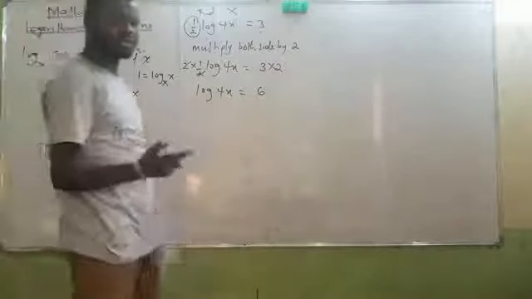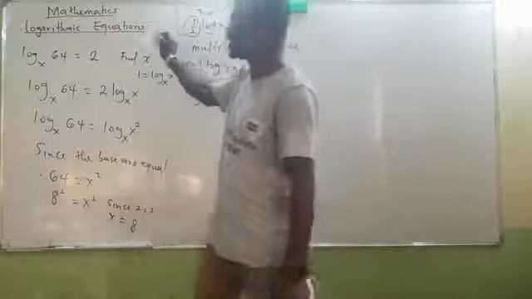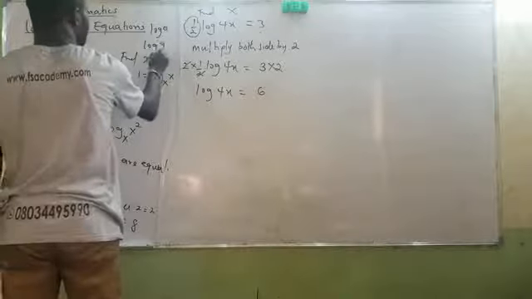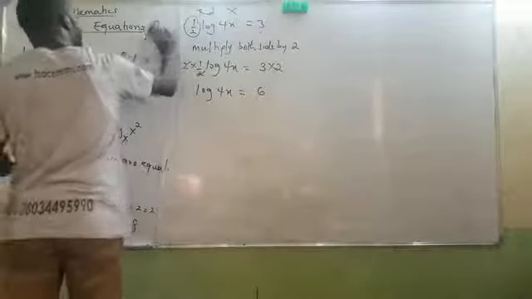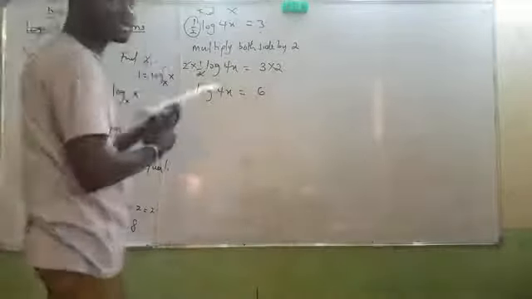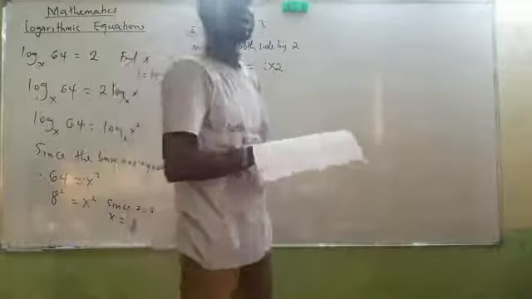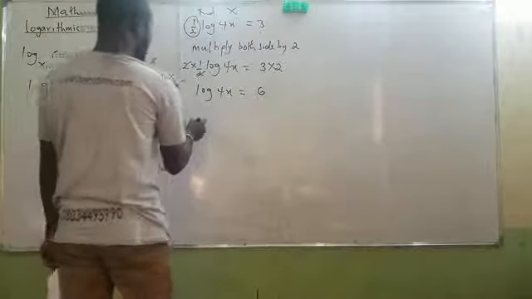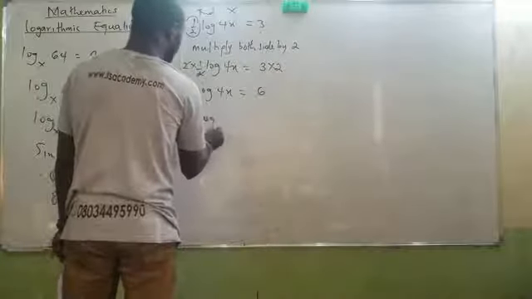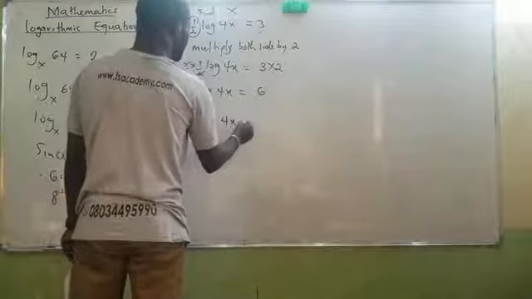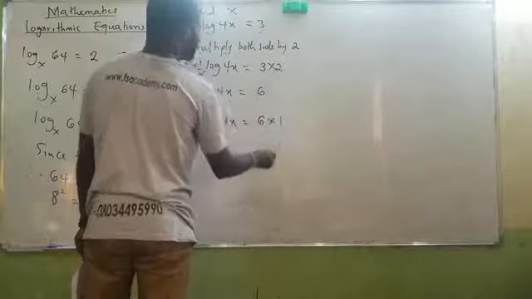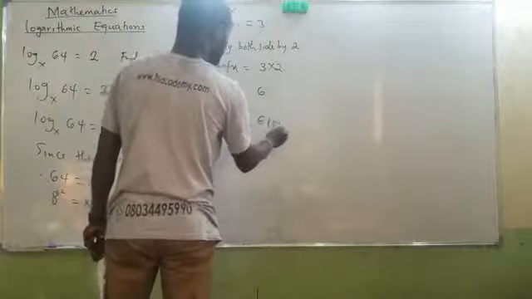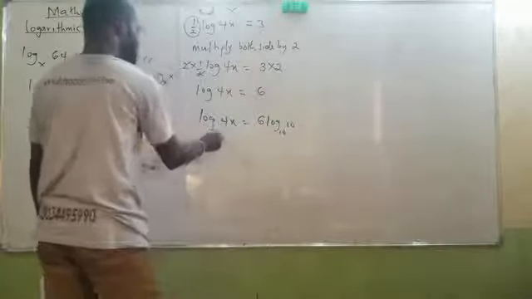Now, what can I do? I've told you in the previous video that if you have log of a, it is the same thing as log a base 10. Take note of that, because base 10 is the natural base for our numbers. So log 4x equals 6 multiplied by 1, and my 1 can be log 10.